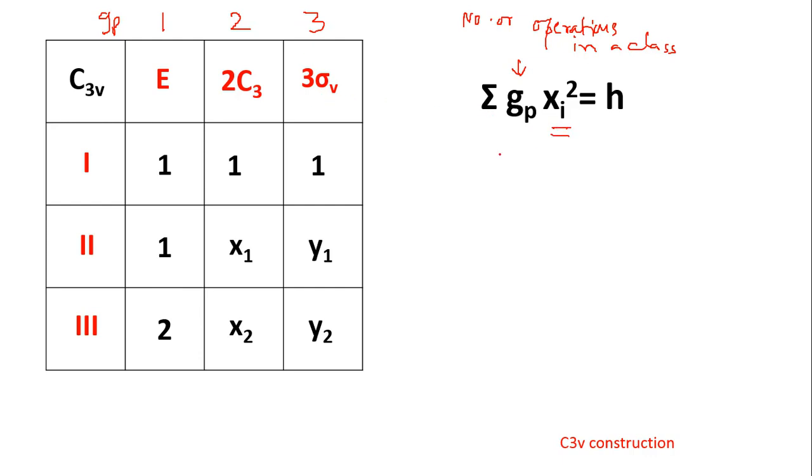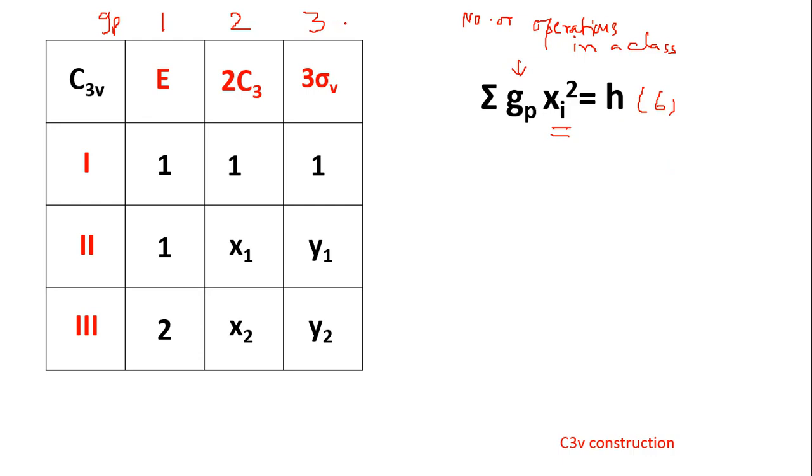Chi i is the character of the irreducible representation. We are considering only one irreducible representation at a time. The value of H is 6, 1 plus 2 plus 3, the total number of operations.